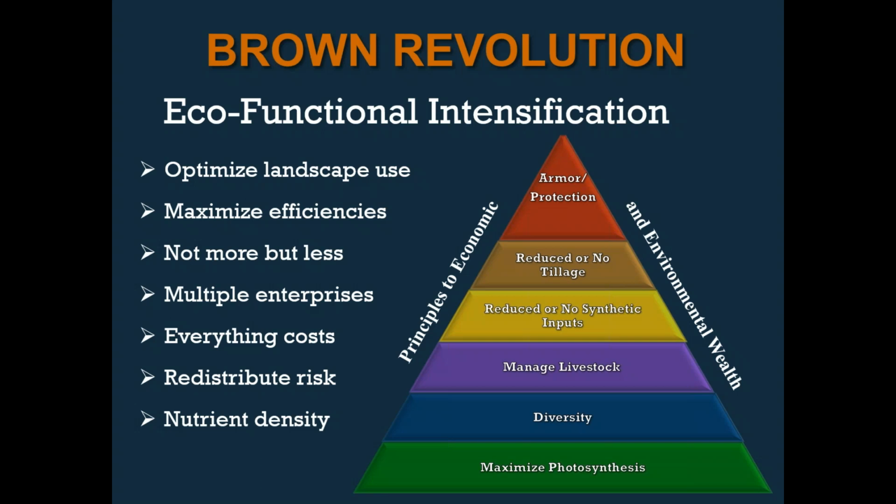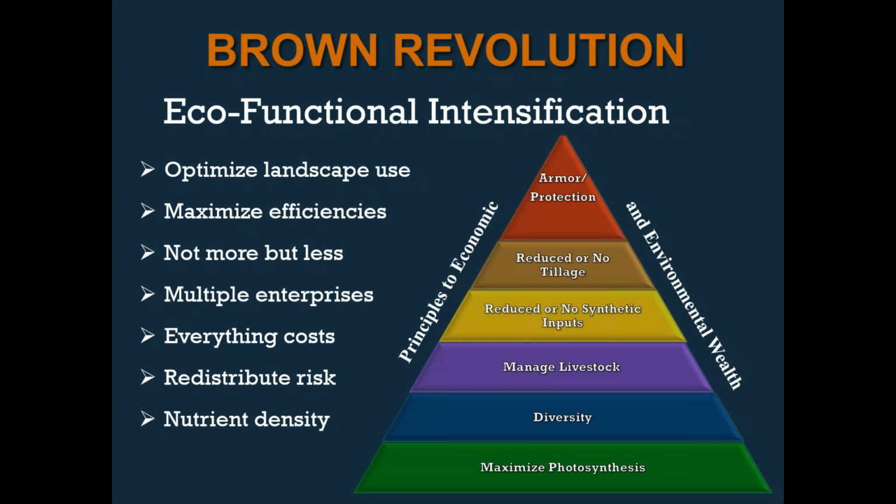Now you notice that a lot of these principles are integrated together. As I said, part of the pyramid design, they're all integrated and interlocked and interwoven. And the one that I've added that isn't discussed too much is reducing or eliminating synthetic inputs. We're going to talk a little bit more about, in particular, the bottom three together, because that is really looking at carbon flow and carbon influx initially into the system.